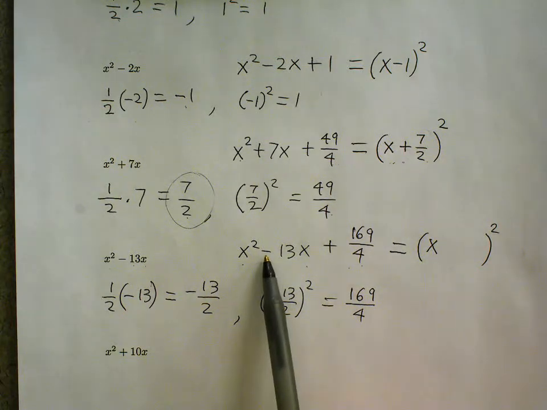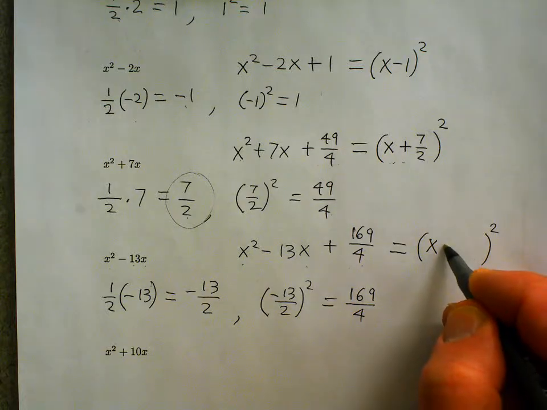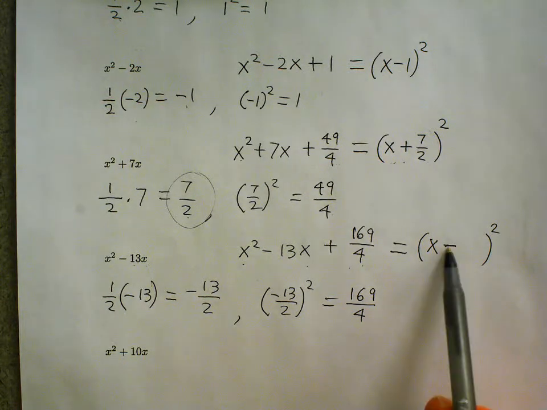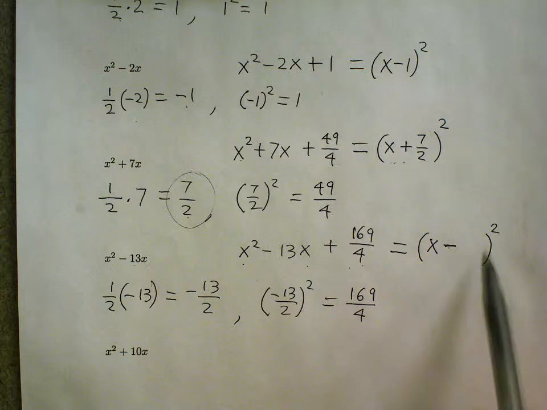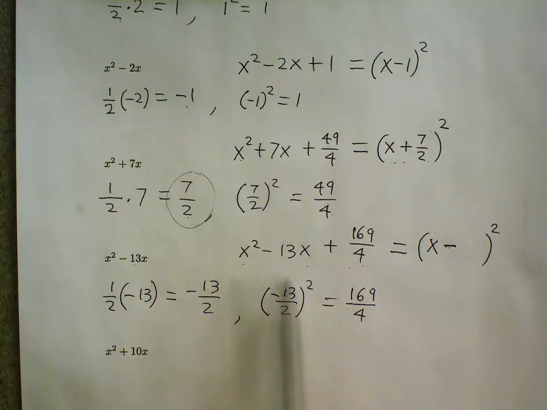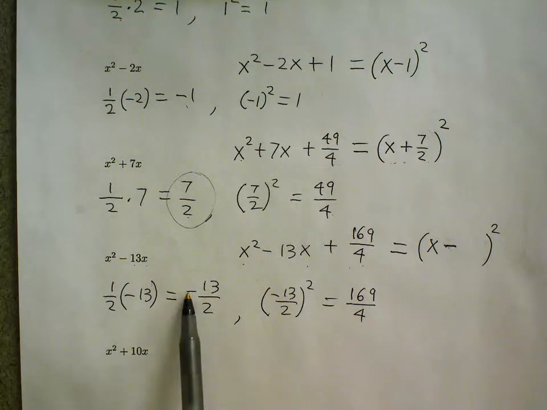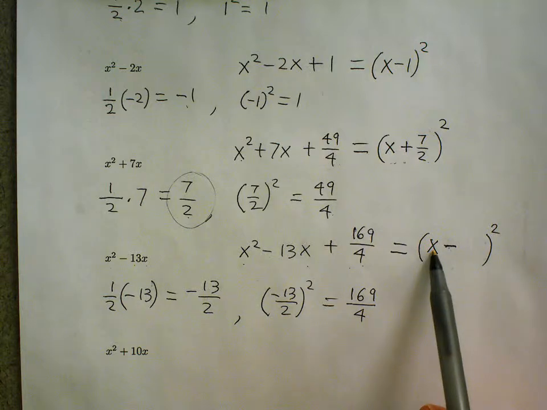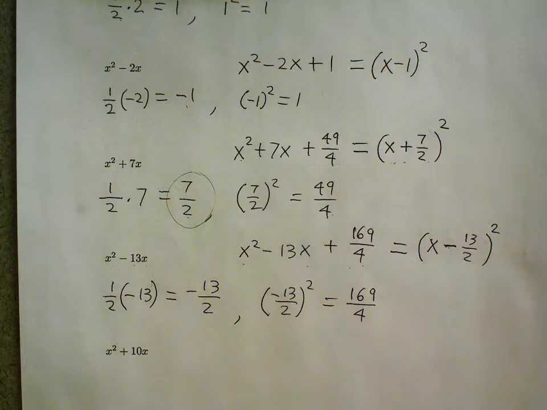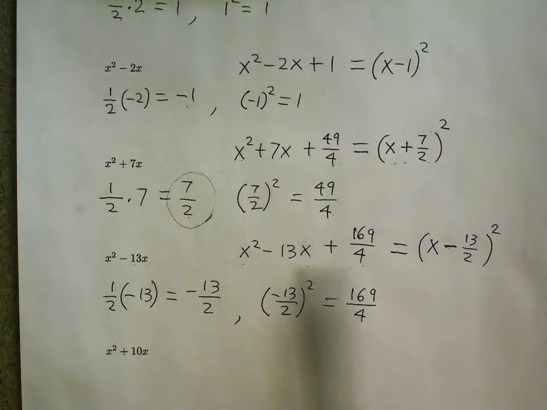Since the trinomial has minus and then plus, the binomial has to have minus. Or in this step, you could just say, well, what follows x? The number that follows x is what I got when I took 1/2 of negative 13, so negative 13 halves. So in the binomial, it's x minus 13 halves. And when we square the binomial, we get the perfect square trinomial.